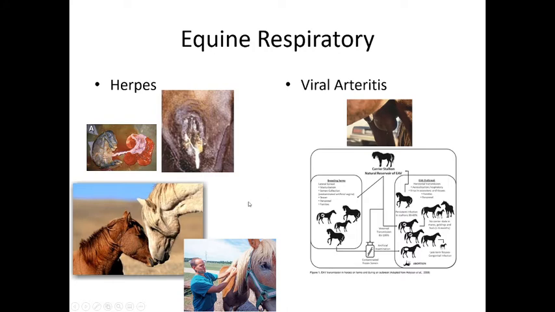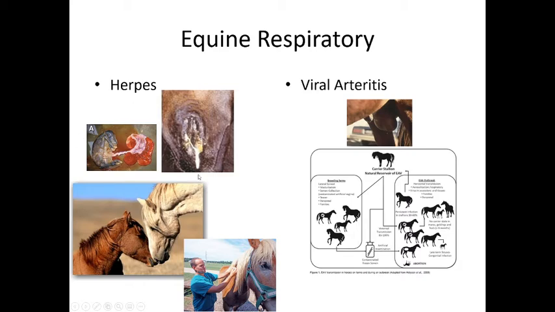Herpes. Herpes is a virus that stays in the system for a long period of time and is passed by nose-to-nose contact. It can cause abortions as well. If it's passed to a pregnant mare, then she may abort the fetus.